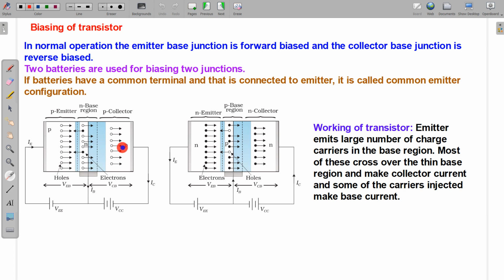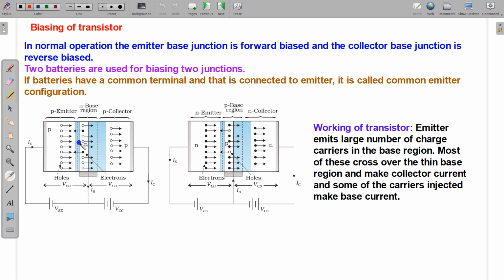This kind of biasing attracts these charges, and since holes are flowing, the holes flow like this and through the circuit also, and this makes the collector current.